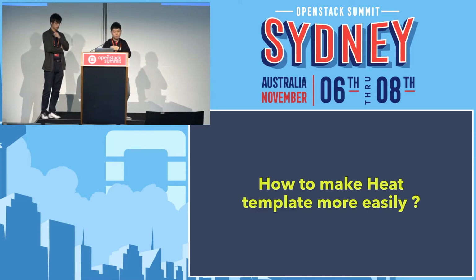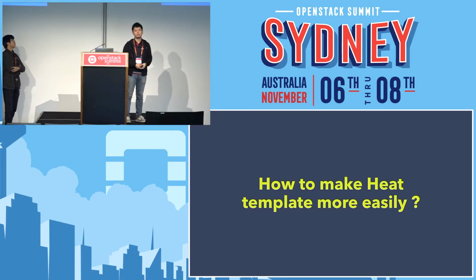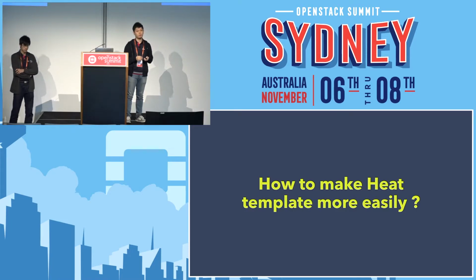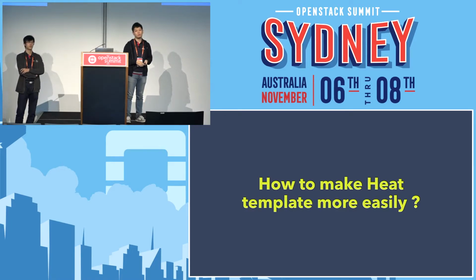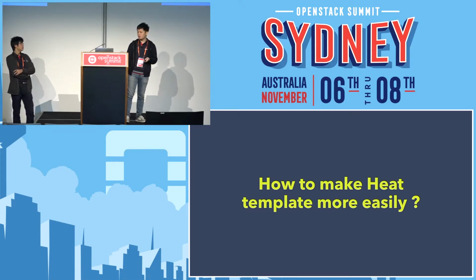The last challenge for us is how to make Heat templates more easily. We introduced Heat, and hopefully the customer can manage the tenant easily. But having said that, another challenge is there.